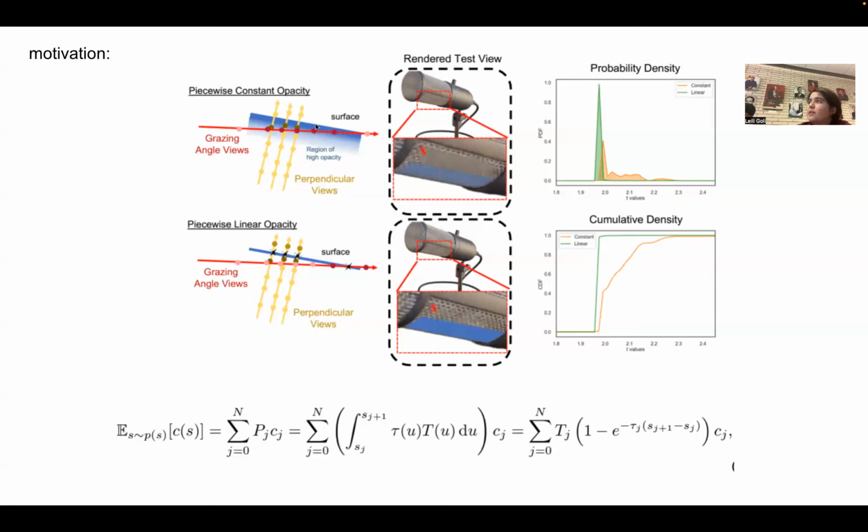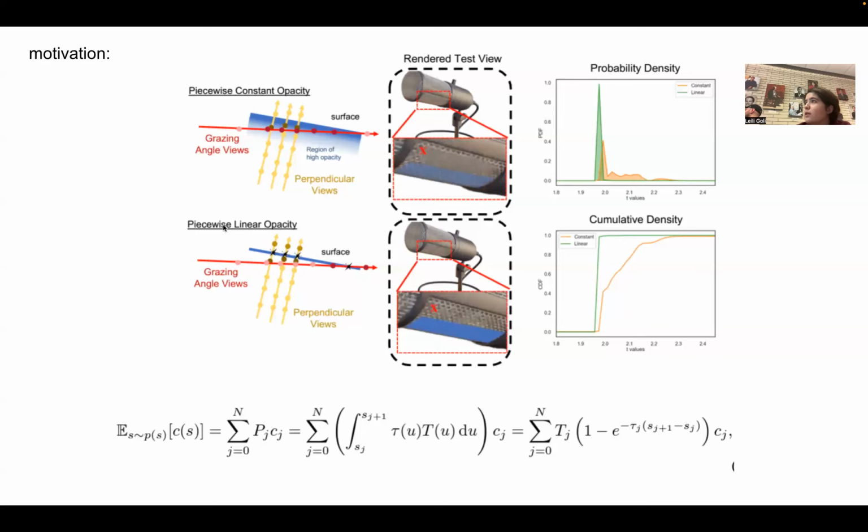So it's ambiguous where the surface actually is between these two, and neural networks just model this as a soft surface between the two. So if you have another ray going parallel to the surface, then it's going to get values along the ray that are not really on the true surface, and it's going to sum up these colors that actually correspond to another surface, and it's going to get a blurry color. So that comes from the piecewise constant assumption.